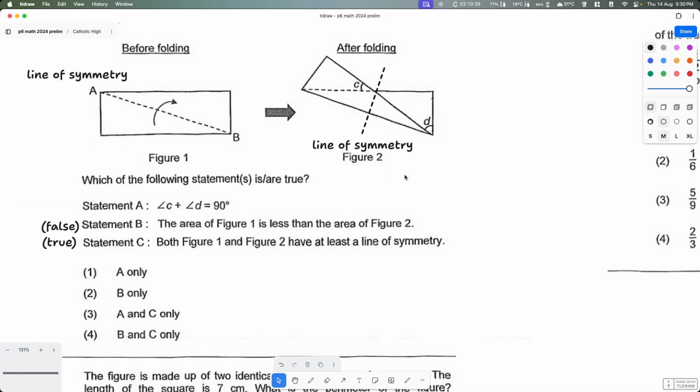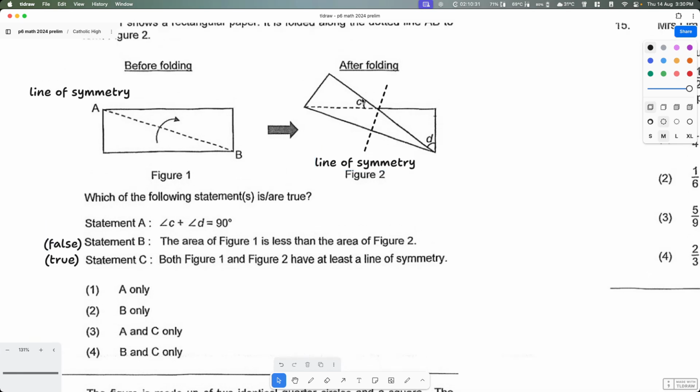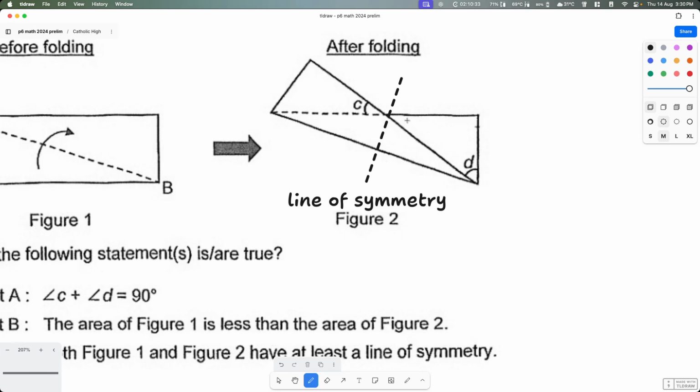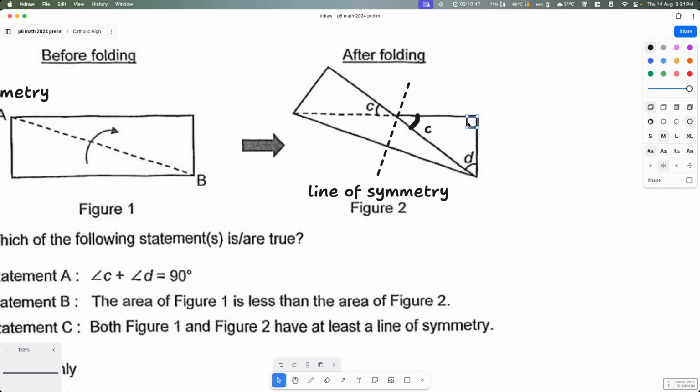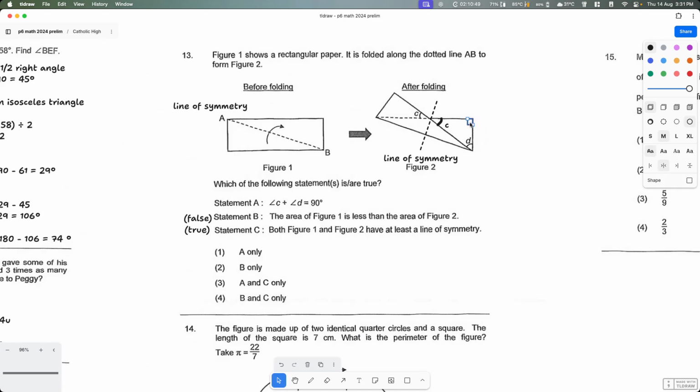So the next one. Basically C is also the same as this. We know that there is a right angle in this case over here, right? So is C and D equal to 90? True, right?